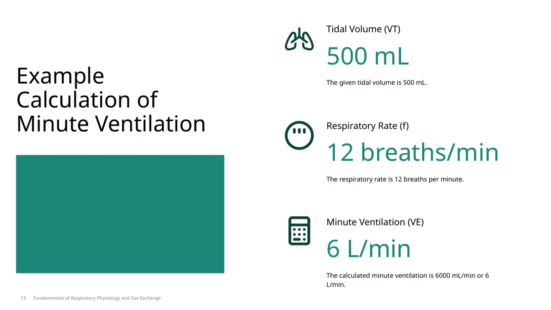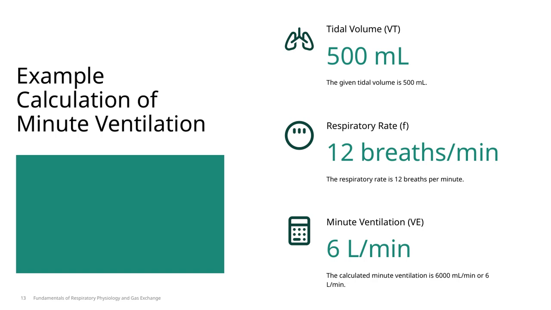To find the total amount of air exchanged per minute, or the minute ventilation, we multiply the tidal volume by the respiratory rate. So, 500 ml per breath times 12 breaths per minute equals 6,000 milliliters per minute. Since 1,000 milliliters equals 1 liter, this converts to 6 liters per minute.